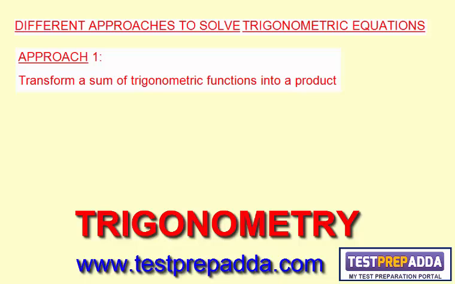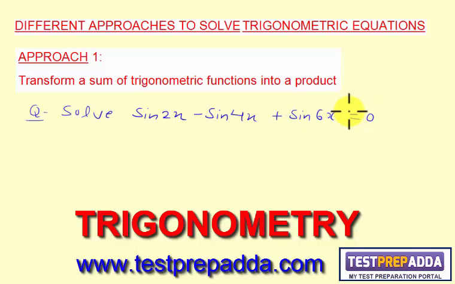For example, solve sine 2x minus sine 4x plus sine 6x is equal to 0.